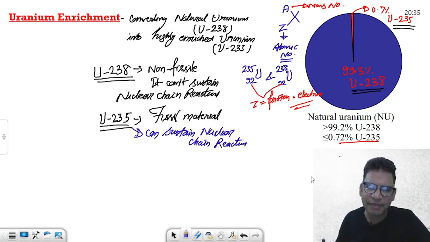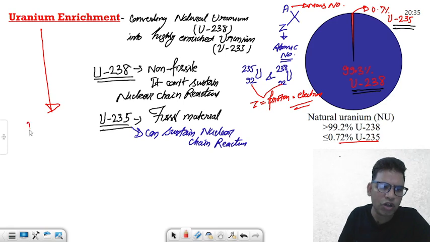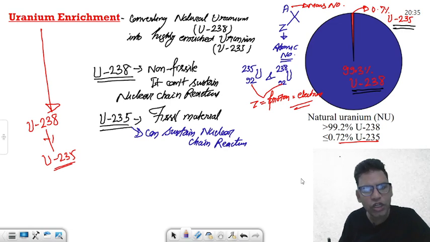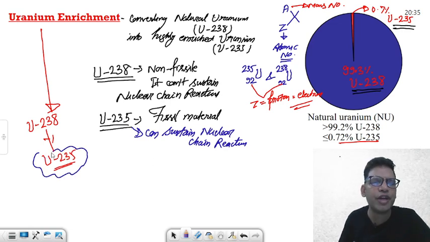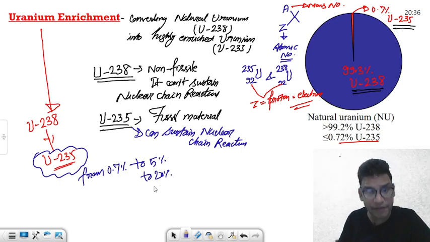So what is enrichment? Simply it means we convert uranium-238 into uranium-235. What we are going to do is increase the concentration of uranium-235, from 0.7% to maybe 5%, maybe up to 20%, I will talk about that a bit later, and maybe up to 90% and plus.